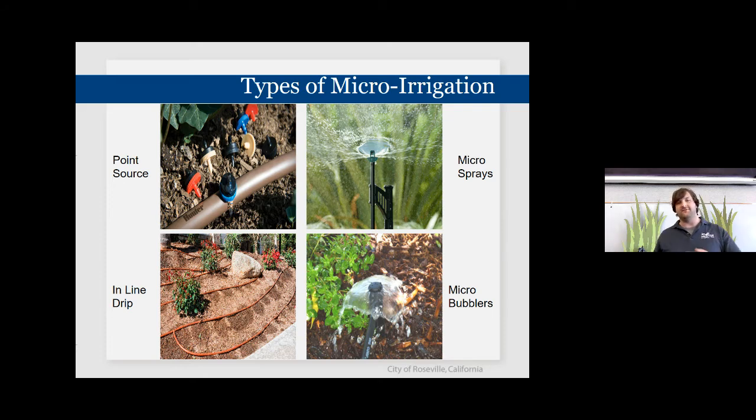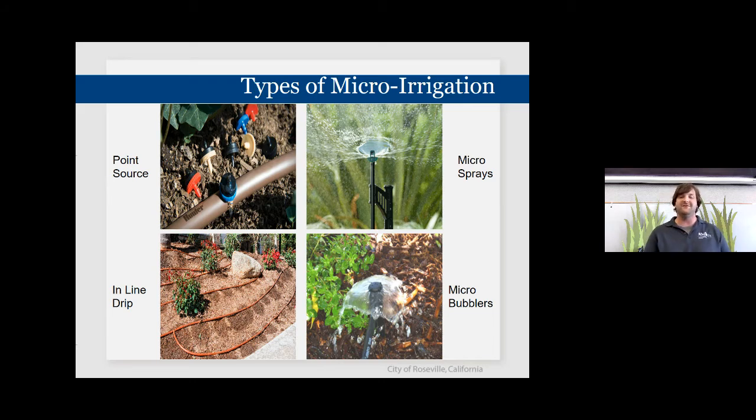So why don't we like the right-hand column? And I know what you're thinking, oh, I love those micro sprays. They're so easy to put everywhere. Yes, they are easy to put everywhere, but they use more water than you think they do. Actually, I have found that these micro sprays sometimes don't even publish the precipitation rates, because sometimes they're using just as much water as a regular sprinkler.